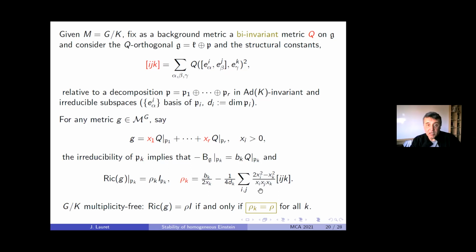So in the literature, there are, I would say, hundreds of papers studying Einstein metrics in different situations for different homogeneous spaces, and they all use these numbers to compute this. The IJKs are not so easy, but they are available in the literature in many cases.